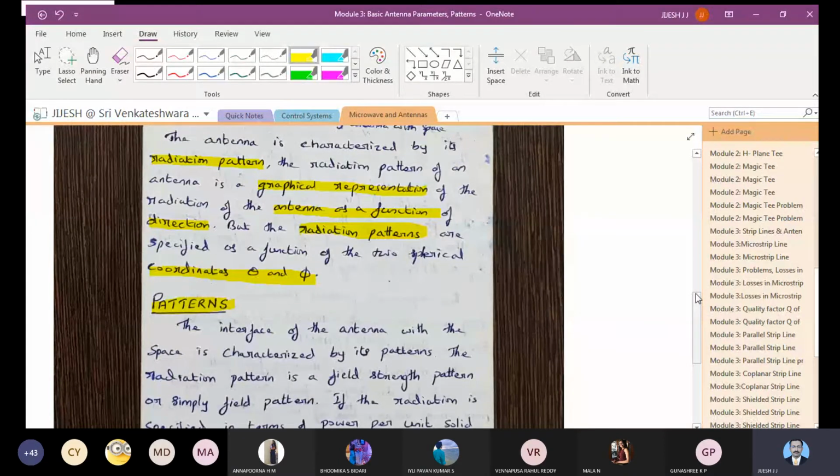We'll do the analysis of those, draw the radiation pattern for them, and study the directivity, gain, and all those calculations. Once we physically conduct those experiments in the lab, we can see how these patterns get generated, and you have to graphically draw them from the values you obtain.